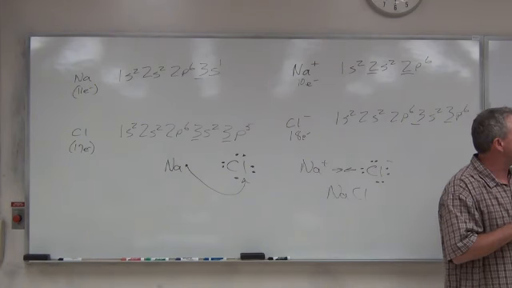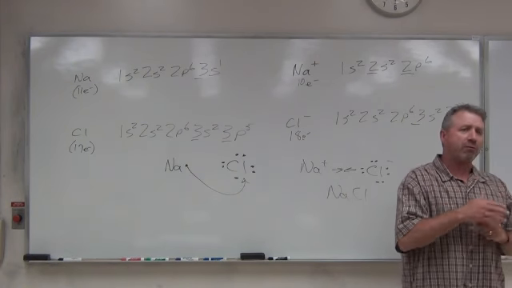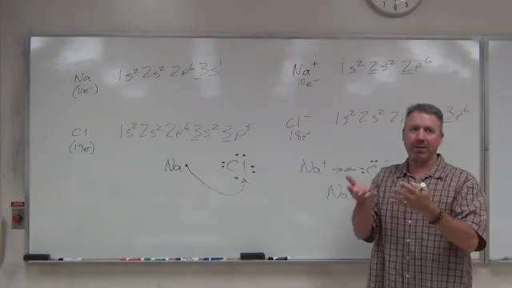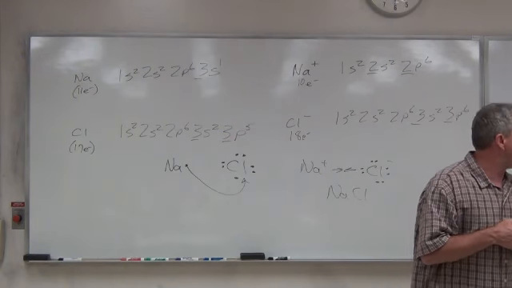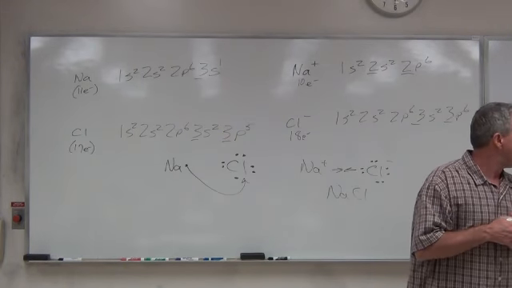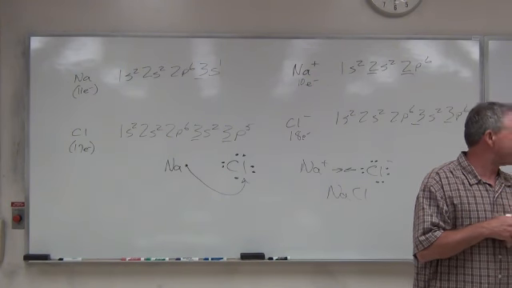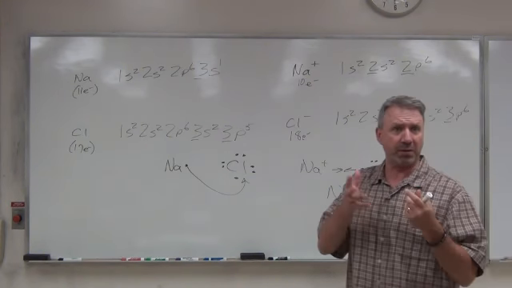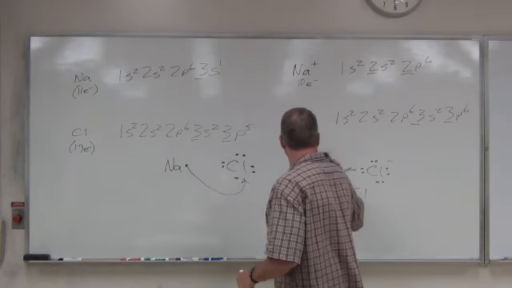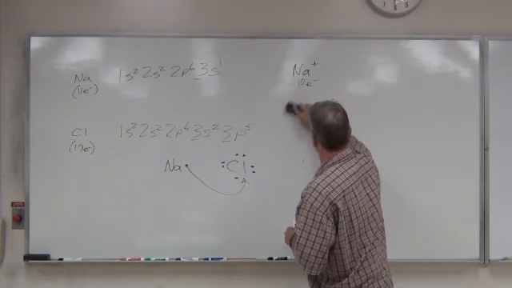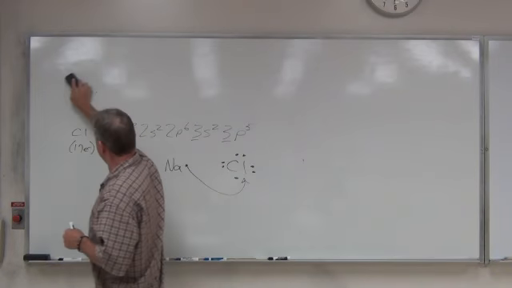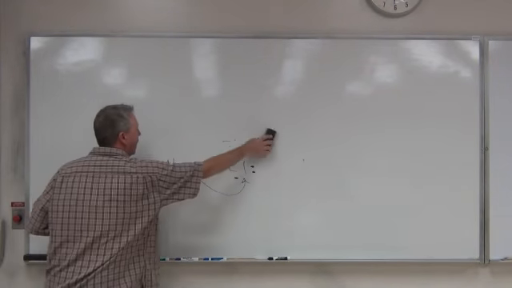We're going to go to group 3, they're going to be +3s. Group 4, that's a carbon, we're going to wait on that for a couple of weeks. Group 5s want to be -3. Group 6 is -2, group 7 is -1. Okay, and of course group 8 is 0. So if we know that, we can write our formulas for ionic compounds.